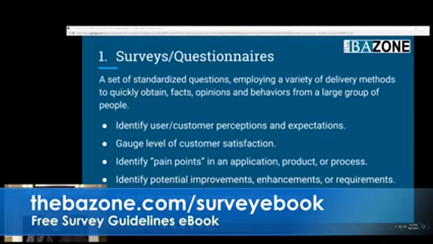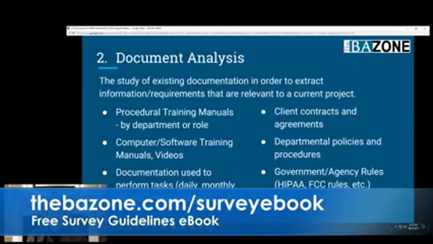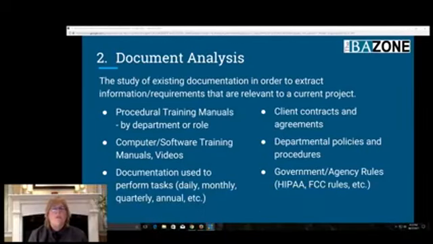Number 2, document analysis. Document analysis is basically taking a look at all the existing documentation that you can find in order to extract any information or requirements that are relevant to a current project. And some of the places you can look, and there are a lot of them, I'm just going to name some of them.